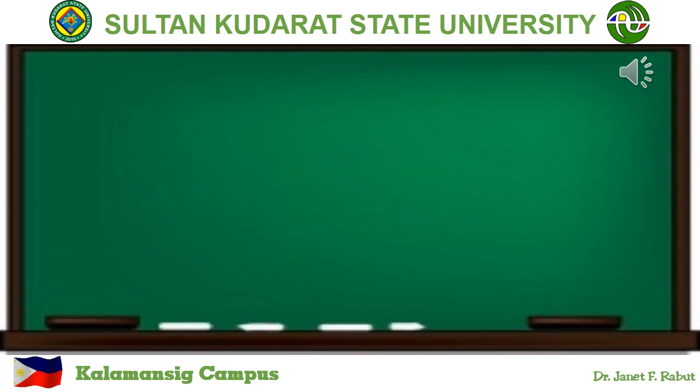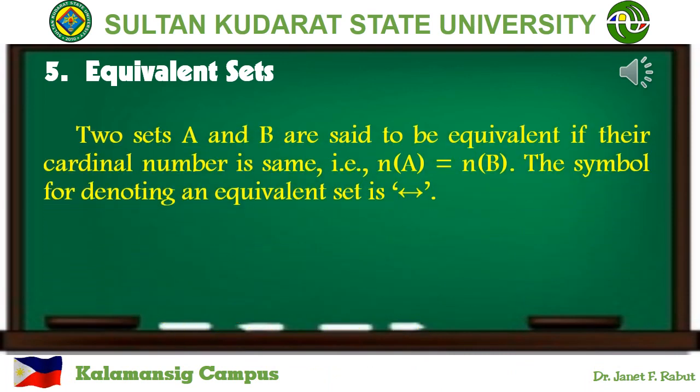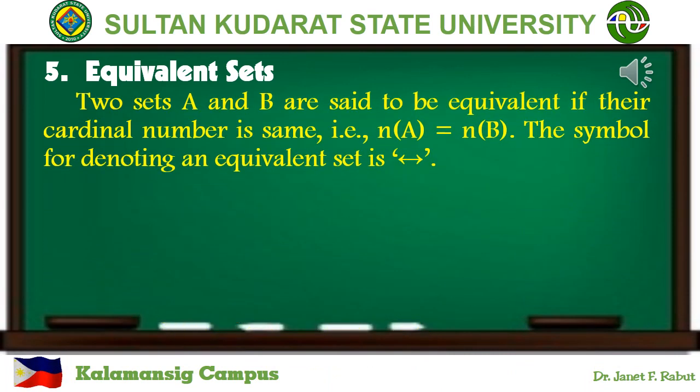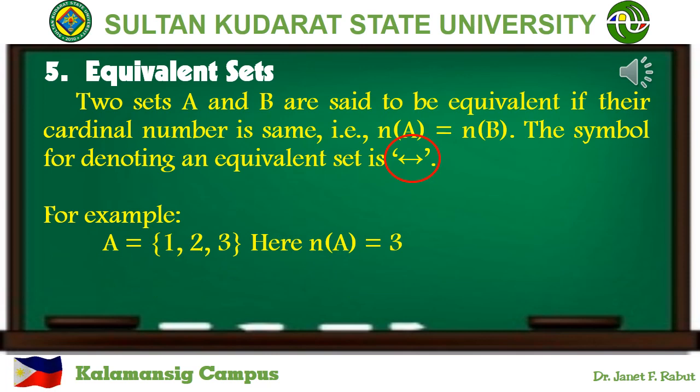The fifth type of set is what we call equivalent sets. Two sets, A and B, are said to be equivalent if their cardinal number is the same. That is, the cardinality of set A is equal to the cardinality of set B. And this is the symbol for equivalent. For example, set A is a set of 1, 2, 3. Here, the cardinality of A is equal to 3.